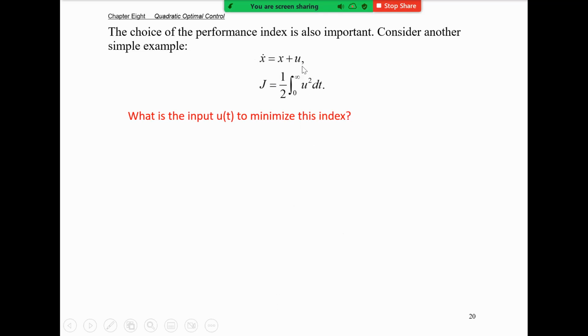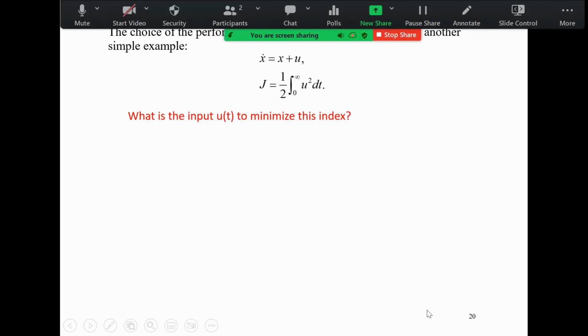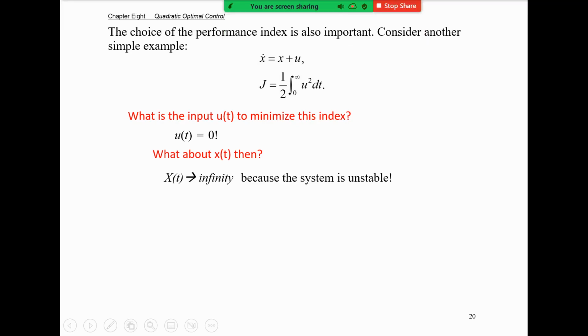But if u equals 0, what will x be? x will blow up because it's unstable, right? This is not what you want.